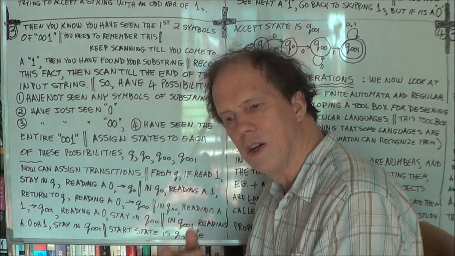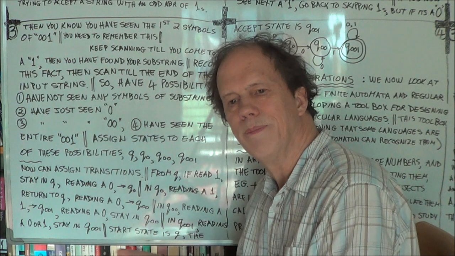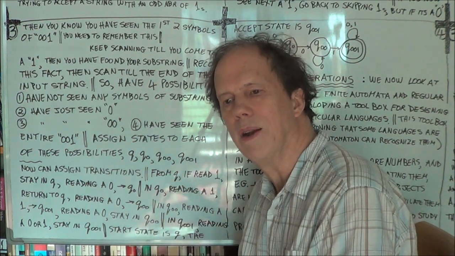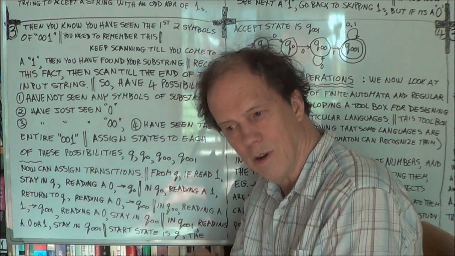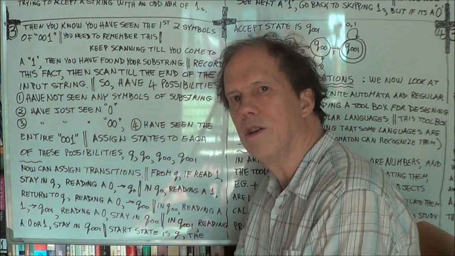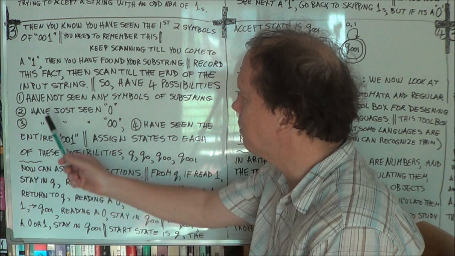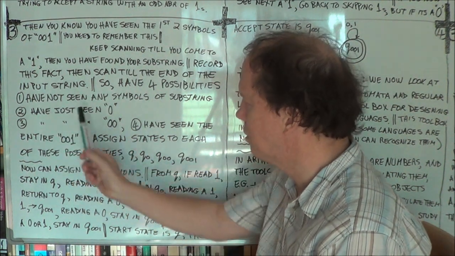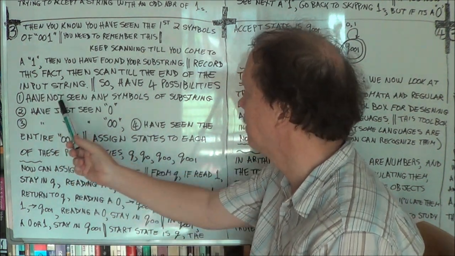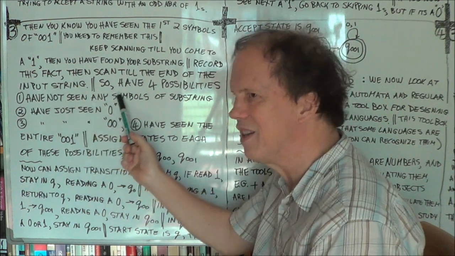Each time you read another initial 1, 1, 1, 1, before you come to your first 0, you just keep looping back to Q, right? So we'll have 4 states. Your starting state is where you haven't read any symbols yet.